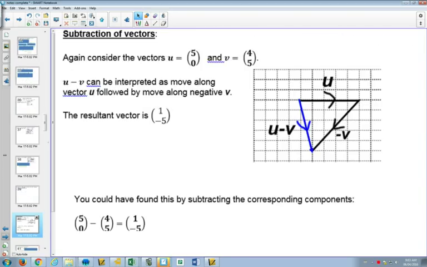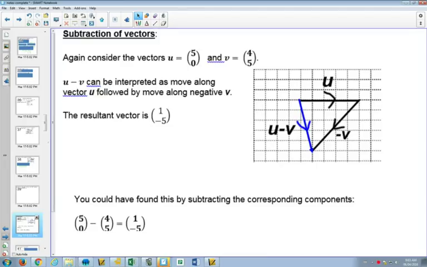Same concepts with subtracting. If you go u minus v, that's like going in the u direction, and then the minus v is the opposite direction that v was. So here, we had 5, 0 as u, minus 4, 5, and again, you're just subtracting the components.